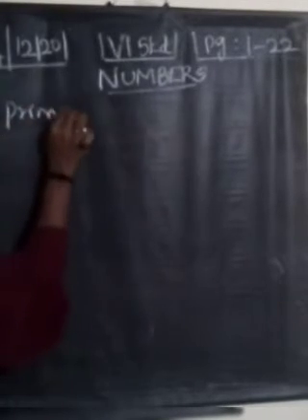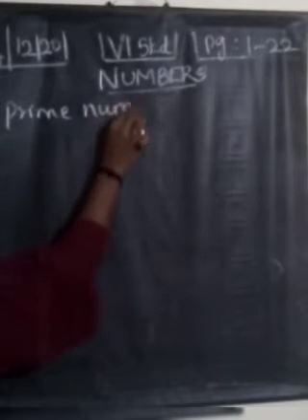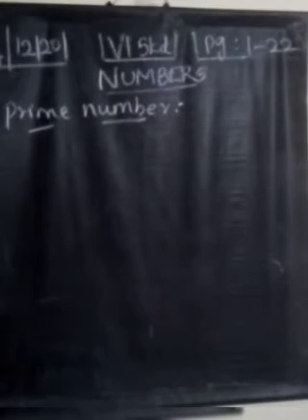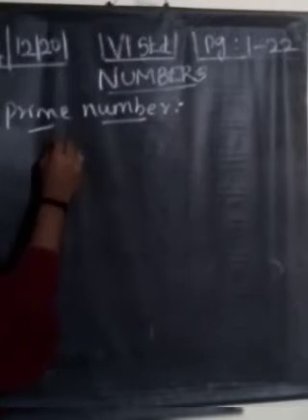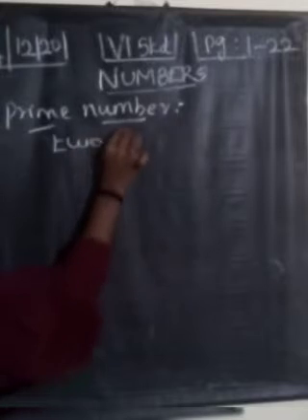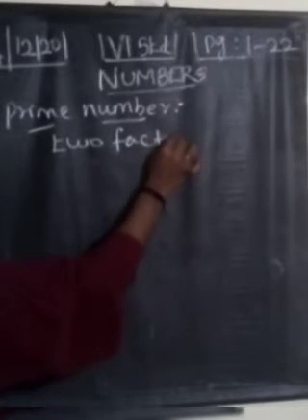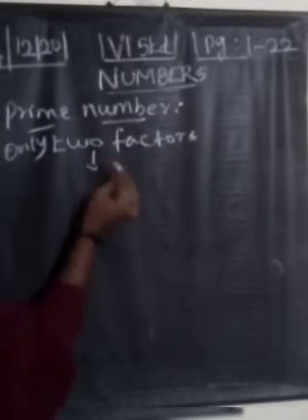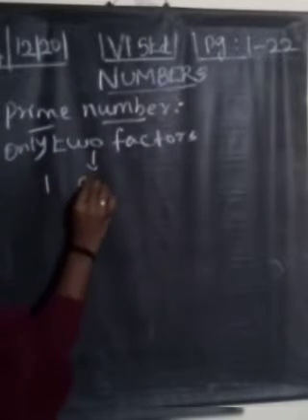A prime number is a natural number greater than 1 having only two factors, namely 1 and that number itself.